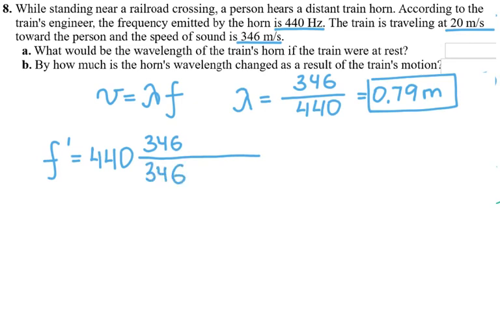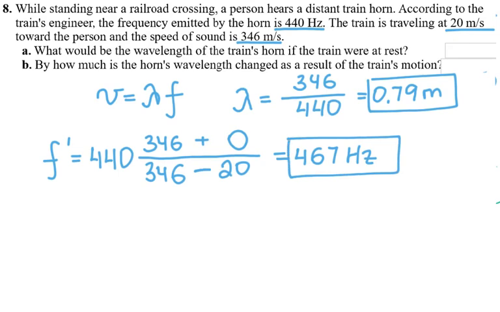The person is not moving, so the observer velocity is 0, and I don't have to worry about it, but the source is traveling toward the observer. If the source is traveling toward the observer, he compresses the wavelengths, or increases the frequency. So I have to subtract here to increase the frequency. I'm going to subtract the velocity, which is 20 meters per second, and that gives me the new frequency of 467 hertz.